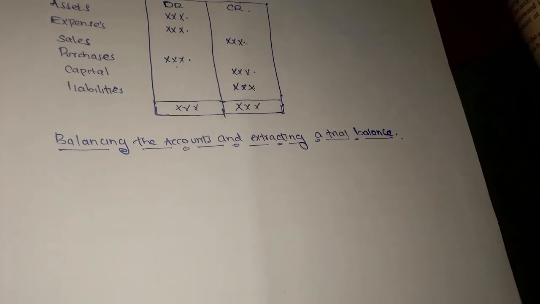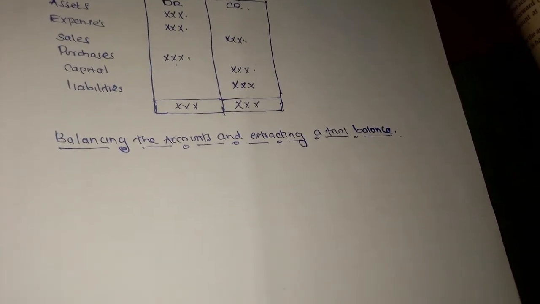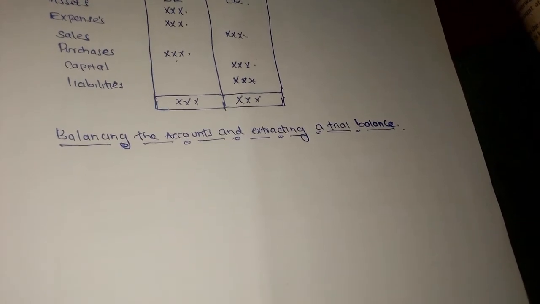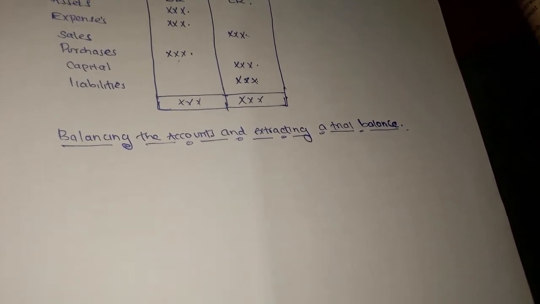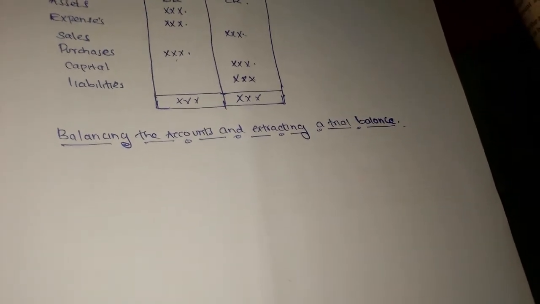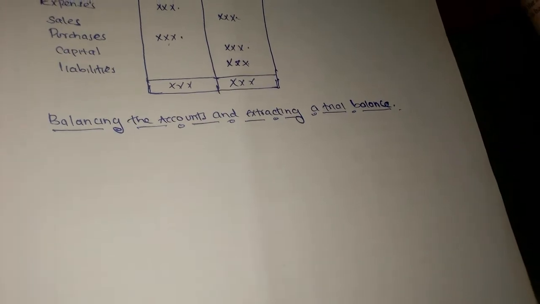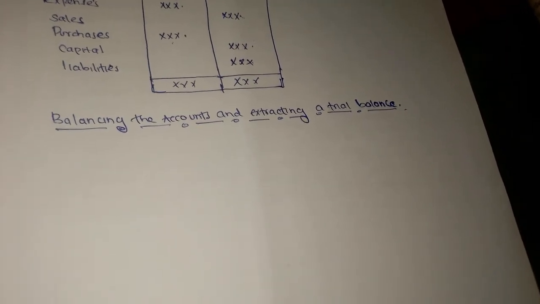There was capital. And remember, mostly when balancing the accounts, you use one of the principles, dual entry. There are also other principles, but don't forget the double entry.